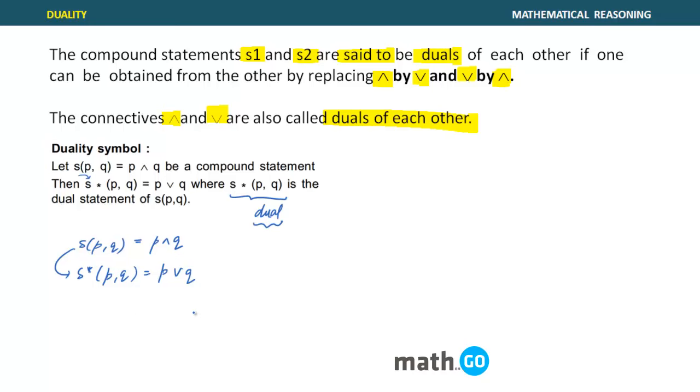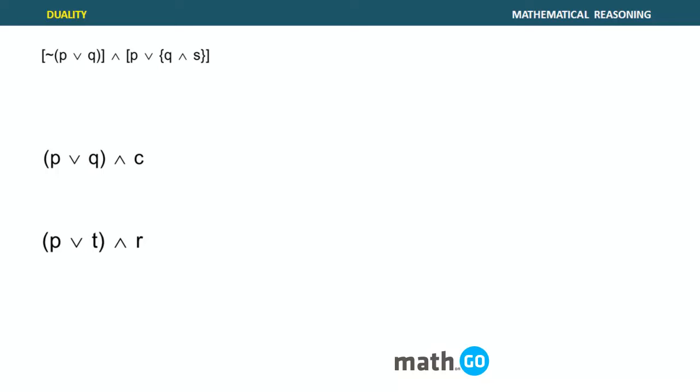Let's try and understand by writing dual statements of a given statement. What you want to do here is write duals of each and every statement written over there. Let's say, what is the dual of this? There is no problem with the negation sign, don't change it.